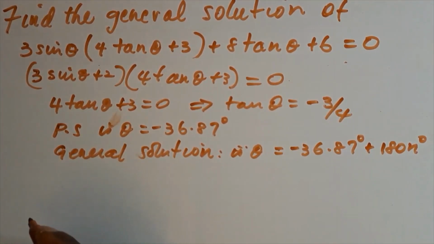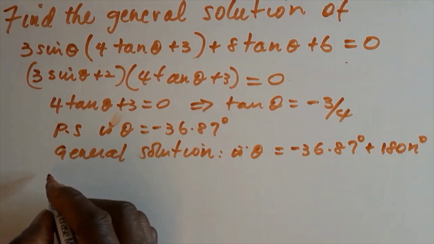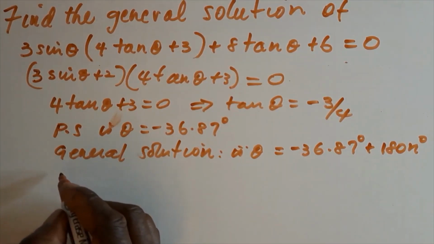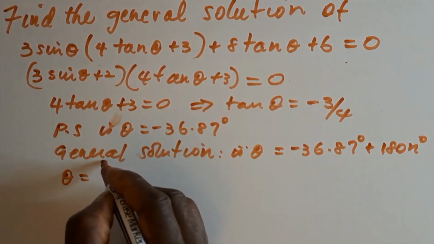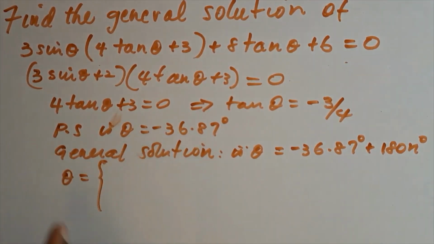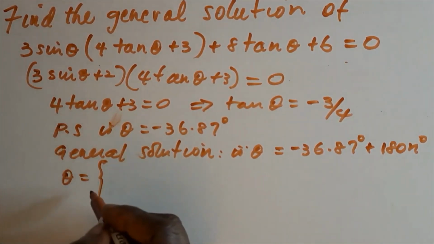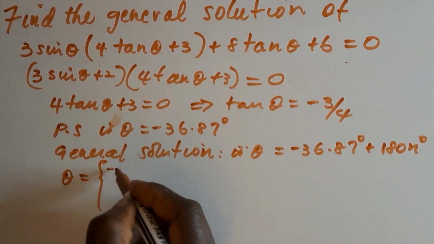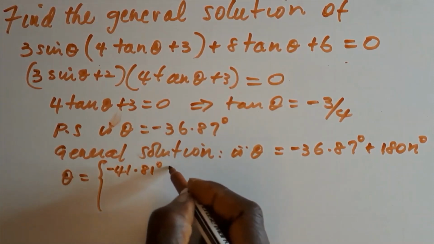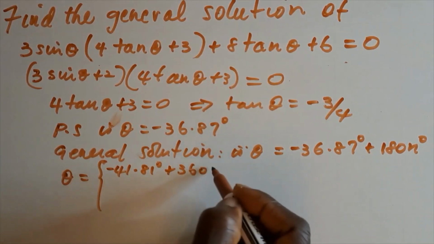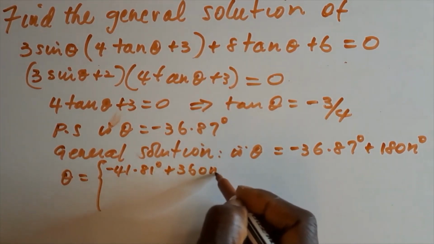Alternatively, if we wanted to write a general solution for the whole problem, we could write it in a compact way where we include the solutions for sine theta. So we have first minus 41.81 degrees plus 360 n degrees.